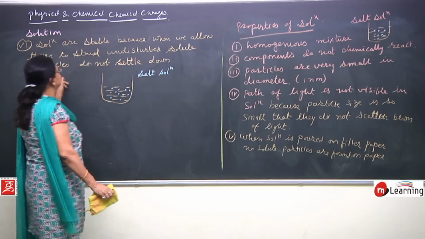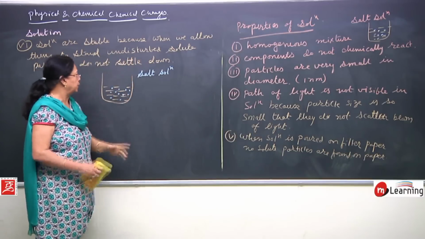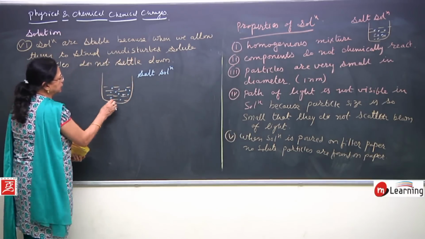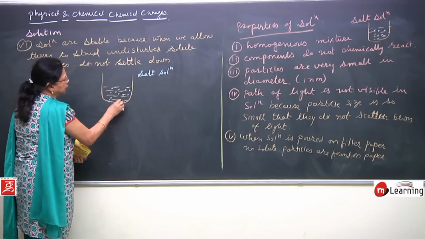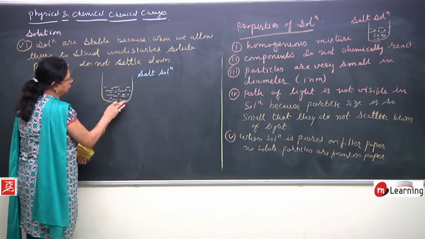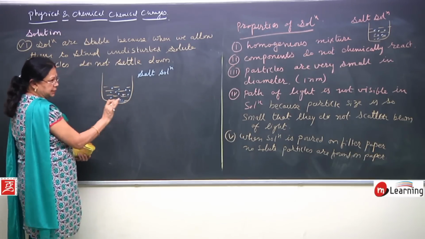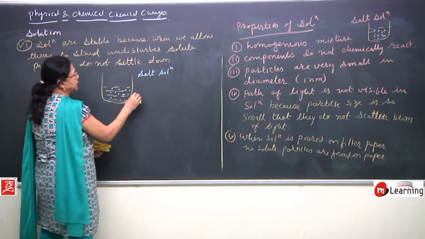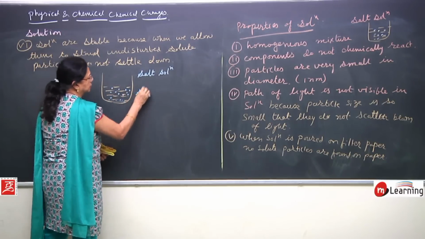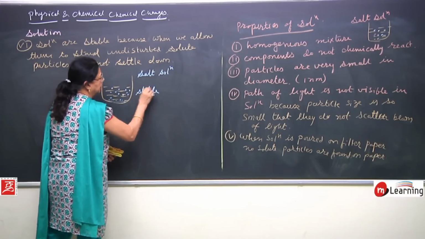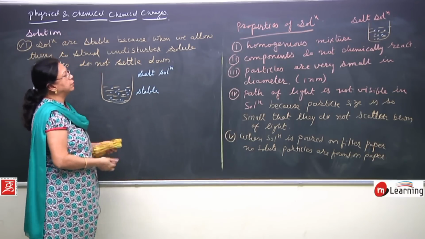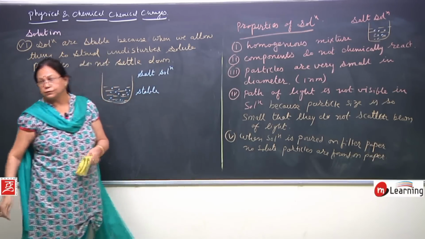Solute particles do not settle down at the bottom. It will not happen that all the particles of salt will come down. It will remain as it is. As it is means it is stable. Right? So, these are all the properties of solution.